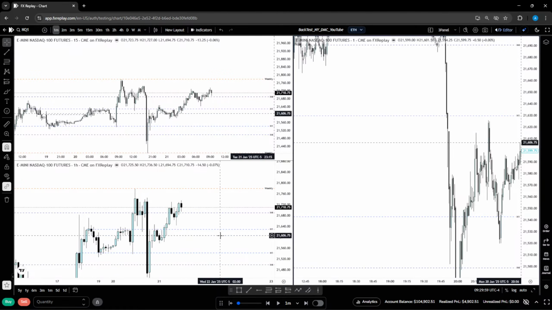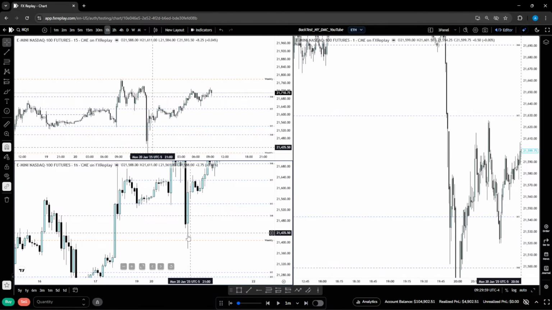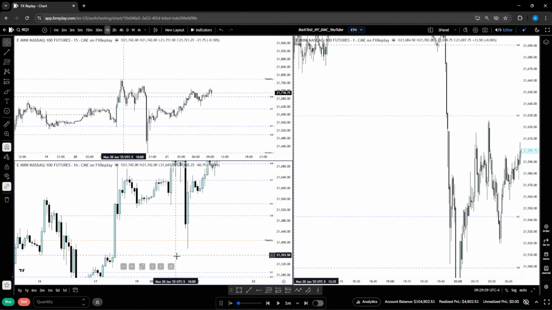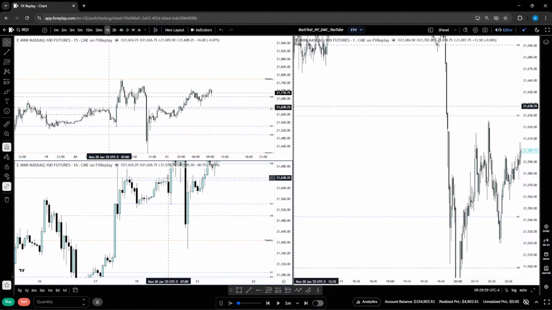Wow, so we fall all the way into this level that was not tested here, and this one, the 4-hour levels.